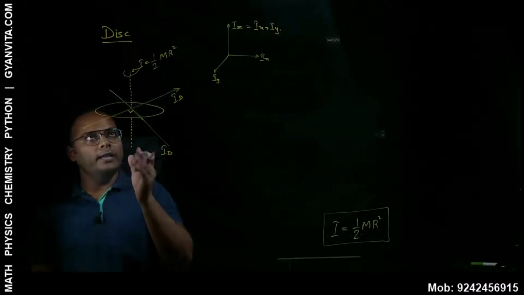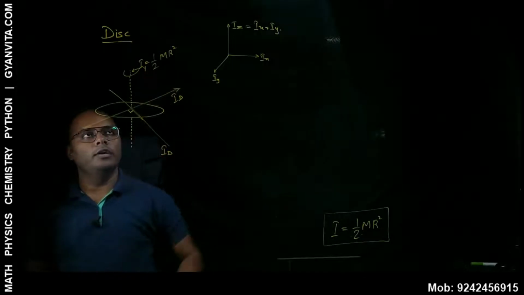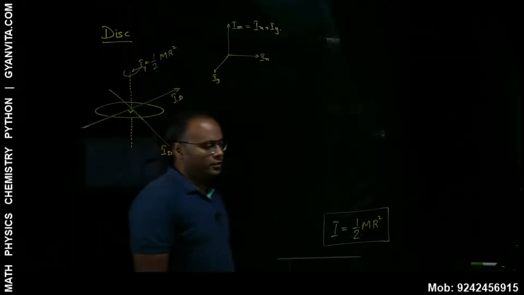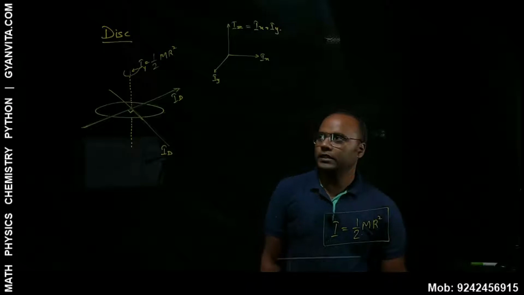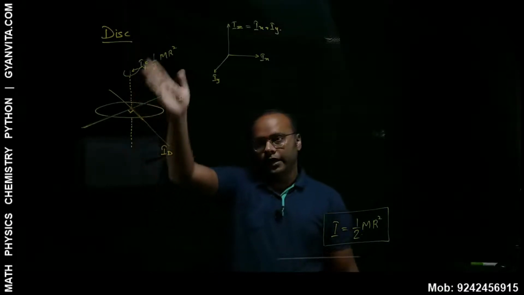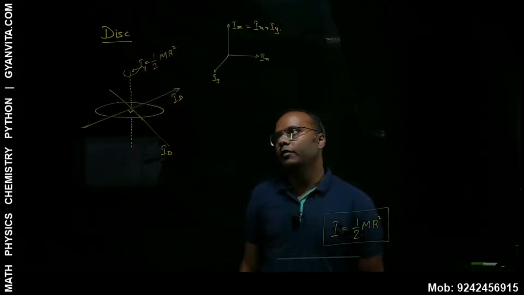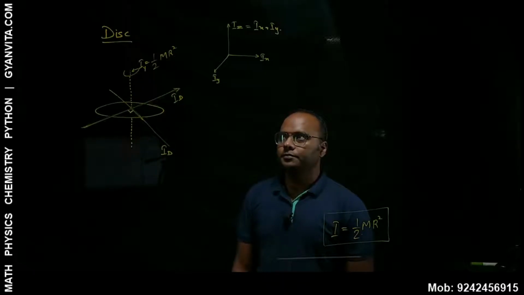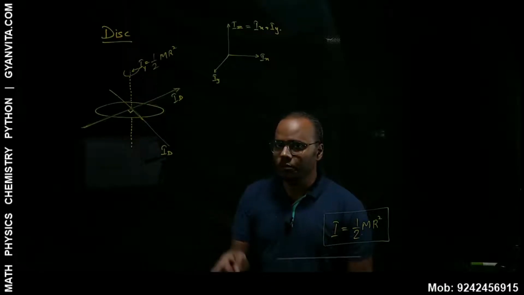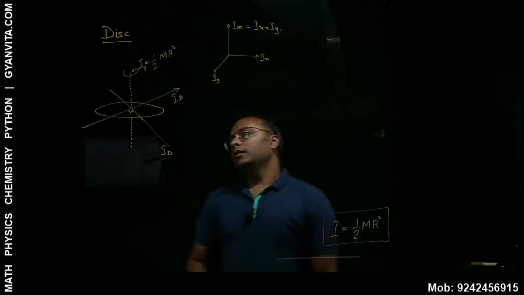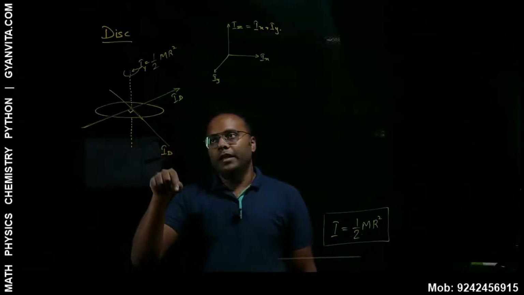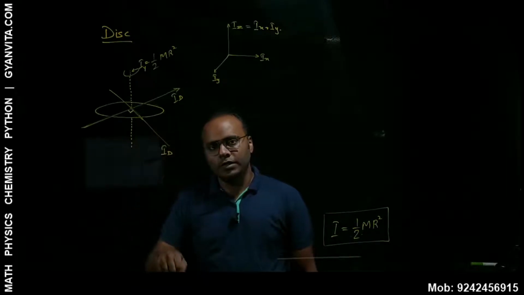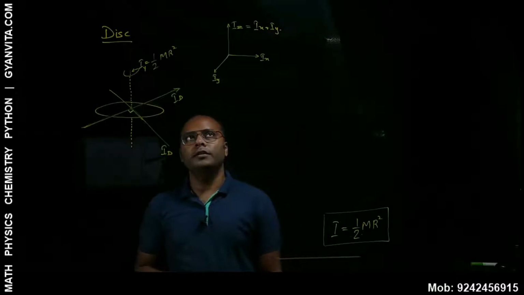And this Iy, which we have already seen, was along the main axis, where we found it is 1 by 2 mr square. That main axis passes through the center and is perpendicular to the plane of the disk.